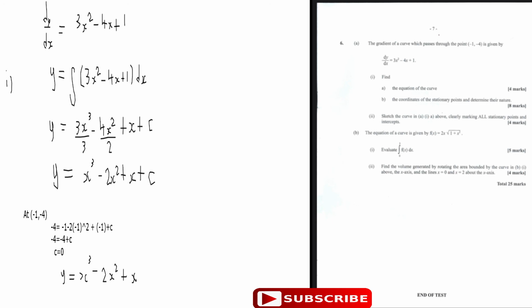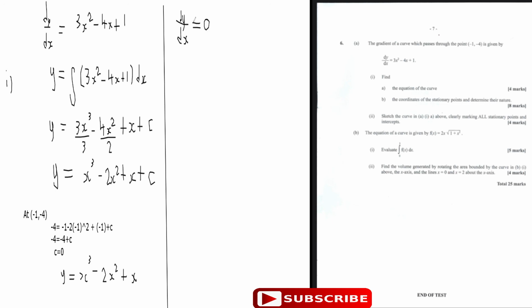Now the second part of the question says, find the coordinates of the stationary points and determine their nature. To find the coordinates of the stationary points, that's no issue. We solve dy by dx equal to 0.